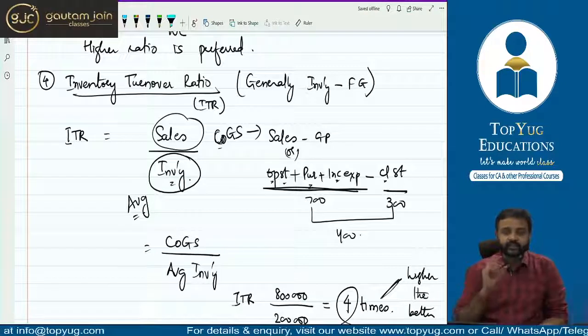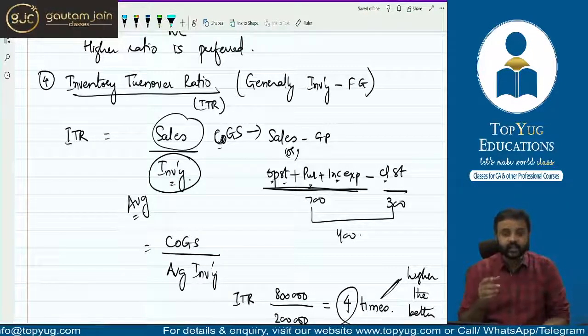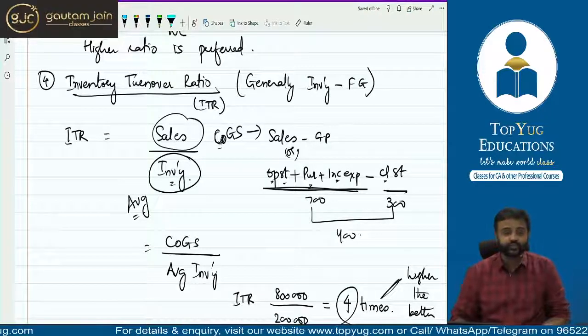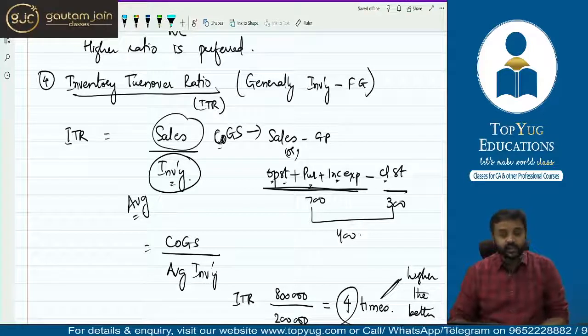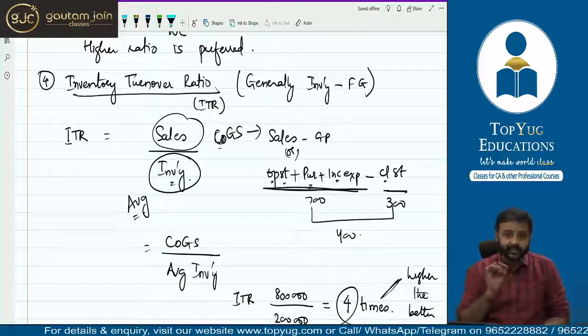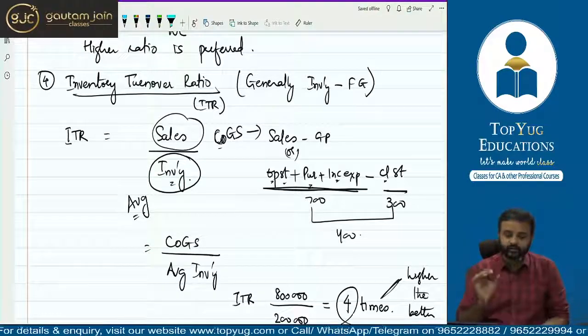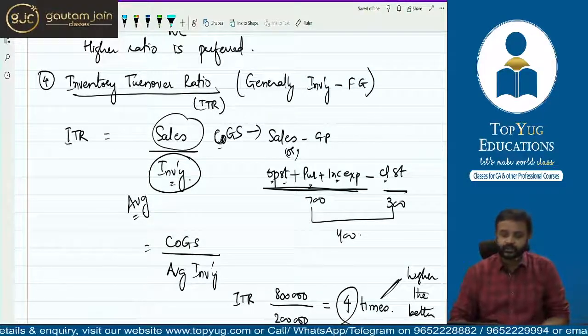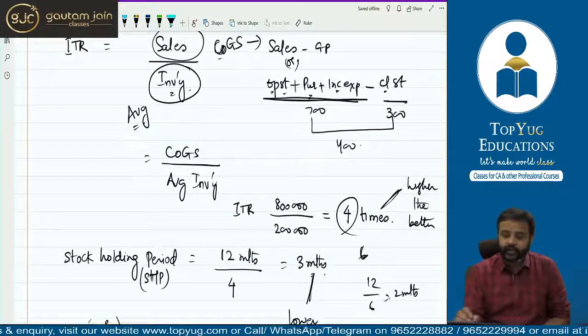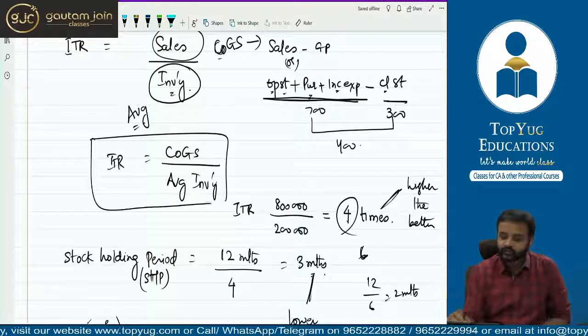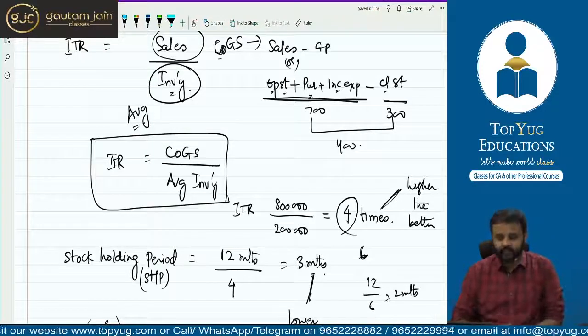Then we said this sales is at selling price and inventory is at cost price, so obviously sales have to be changed to cost. That's where we have taken cost of goods sold. Then we said inventory is as at a particular date, which is not correct because sales is for a particular period, so we'll take average inventory here also. So that's how we got the formula of ITR as cost of goods sold upon average inventory, correct?